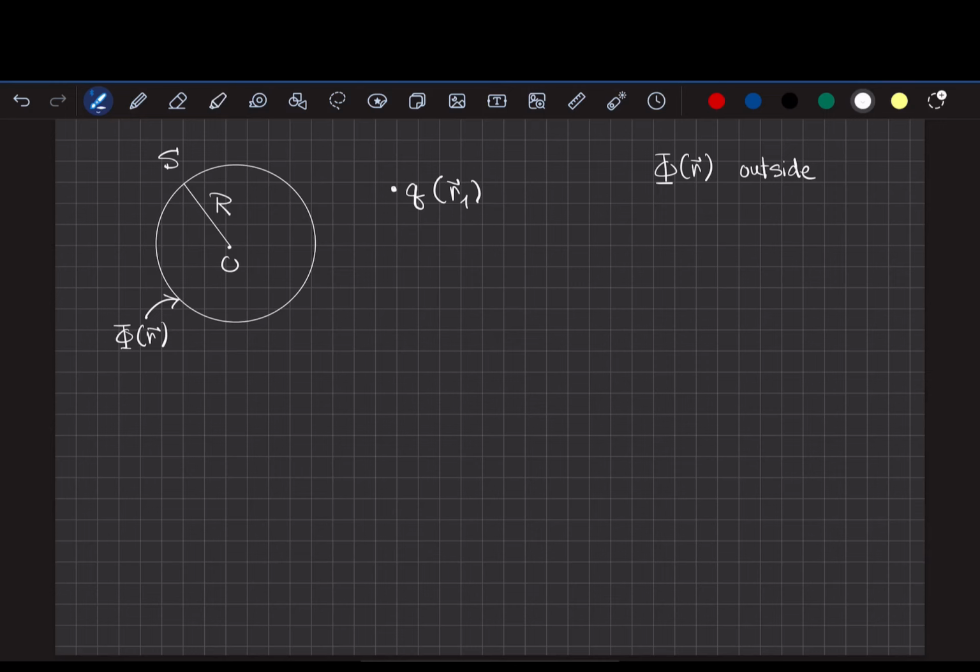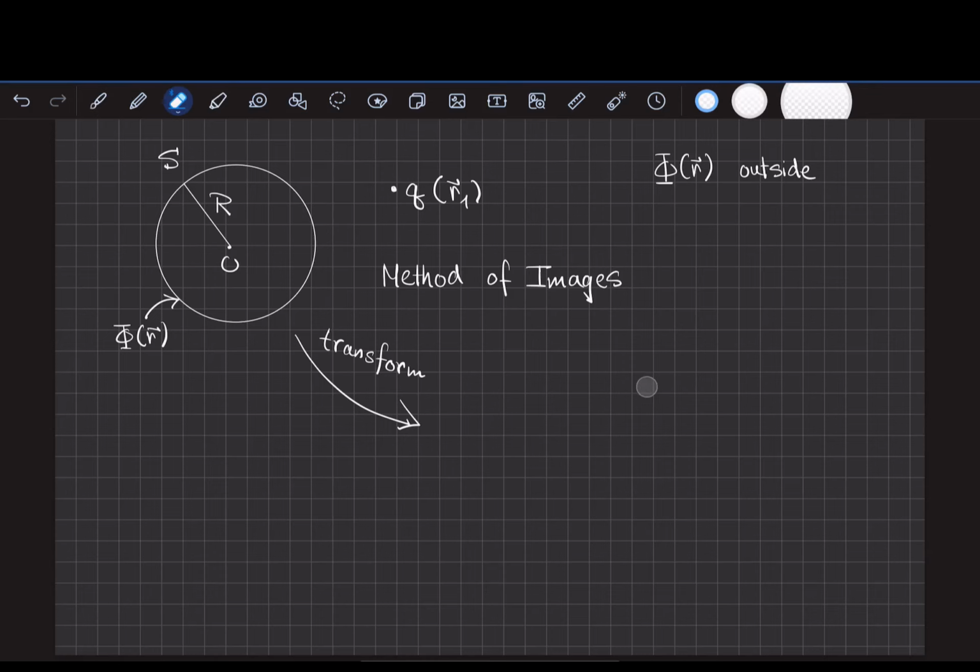So using the method of images, which we had used in the previous lecture, we would transform our problem to a similar problem where we have the same charge density and the same surface potential.